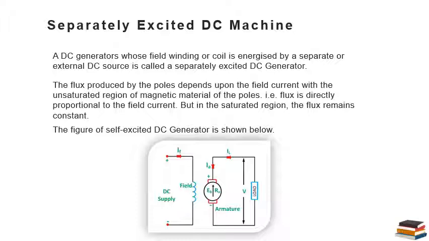So this is a simple diagram of the separately excited DC machine. IF is the field current, IA is the armature current, IL is the load current, and V is the output voltage. EB is the induced EMF, back EMF, or generated EMF, and RA is the armature resistance.